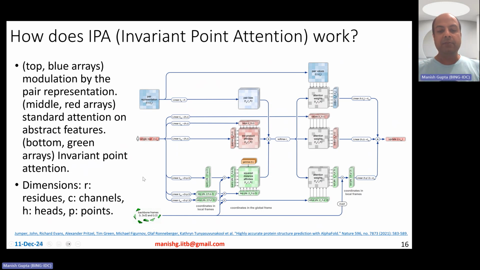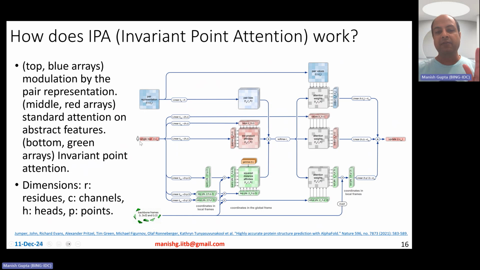So then, the blue and the green pipelines try to come up with a revised and updated single representation by considering inputs from the pair representation and the backbone representation respectively. Okay, so the pair representation interacts with the single representation in the same way as our outer product mean interacted.